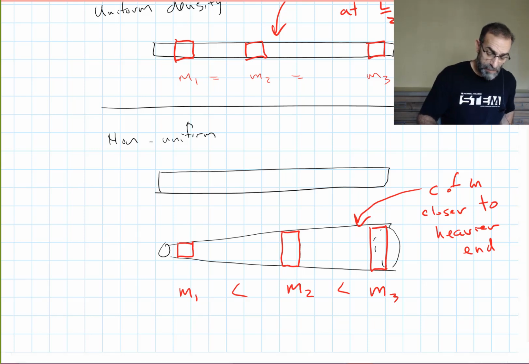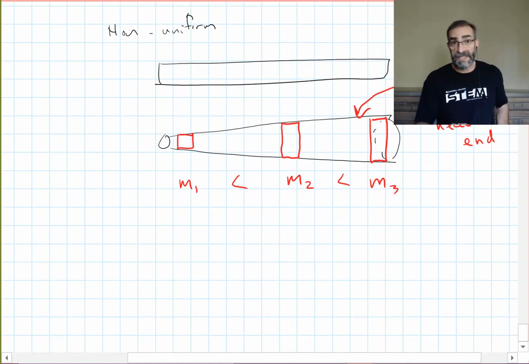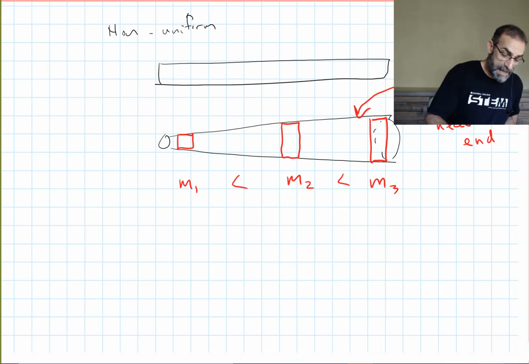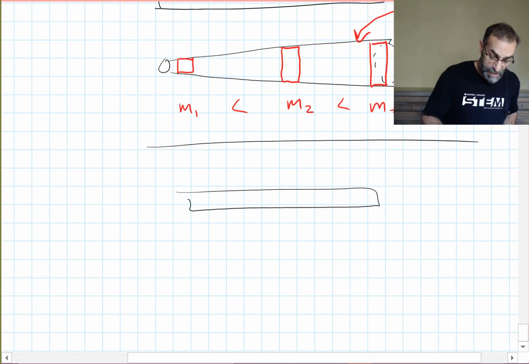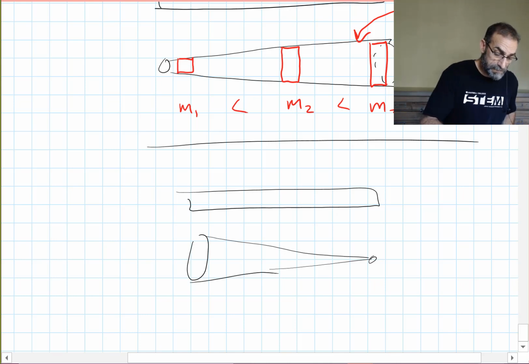Now this was one example, right? We don't have to shift the center of mass to the right. We could have had a non-uniform rod where the left side was heavier. We cut a chunk out of here.